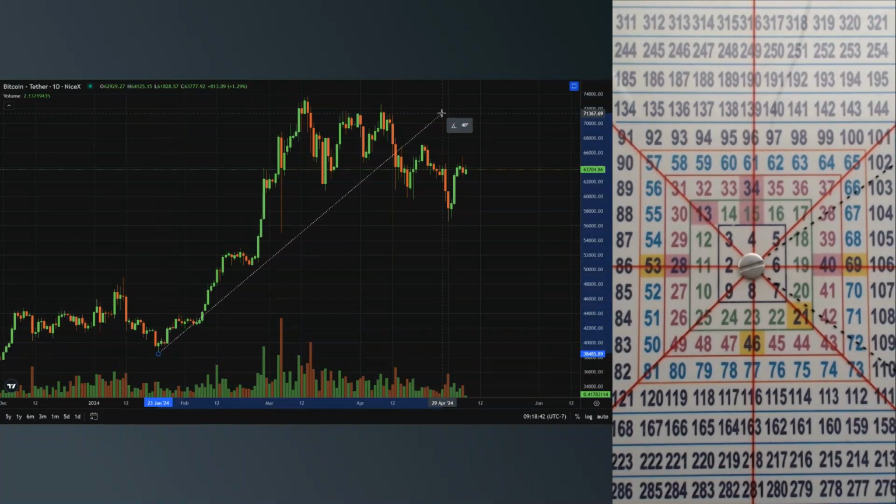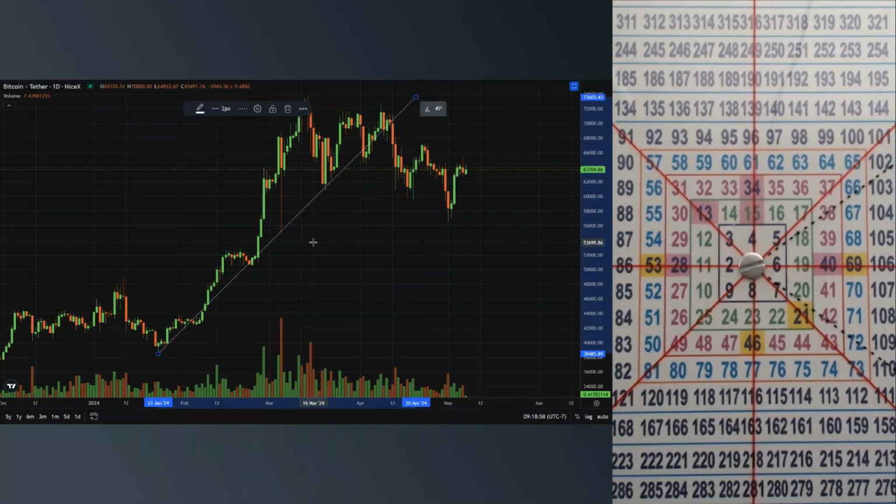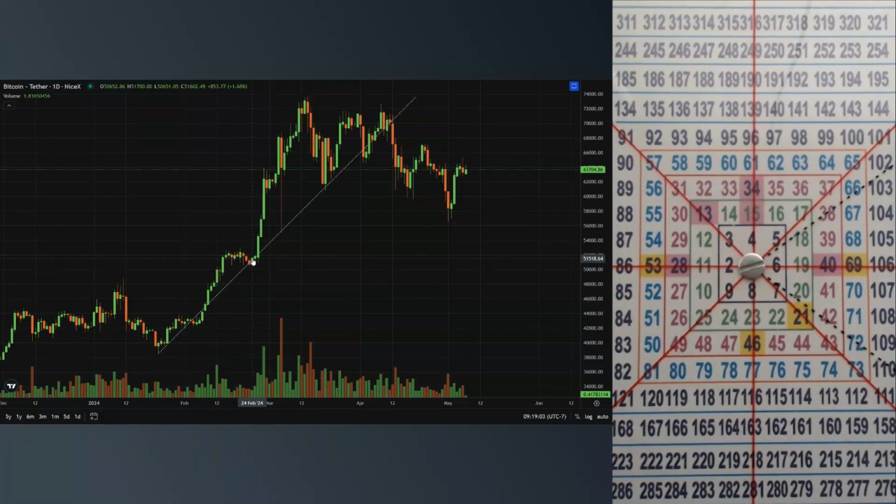And I'm just going to establish it right now so that we can see exactly what's going on. All right, so on this you can see now we've squared out a 45-degree angle. And this is the death angle, as Mr. Gann put it. And anytime that we pass below it, it's starting to get into a weak position.